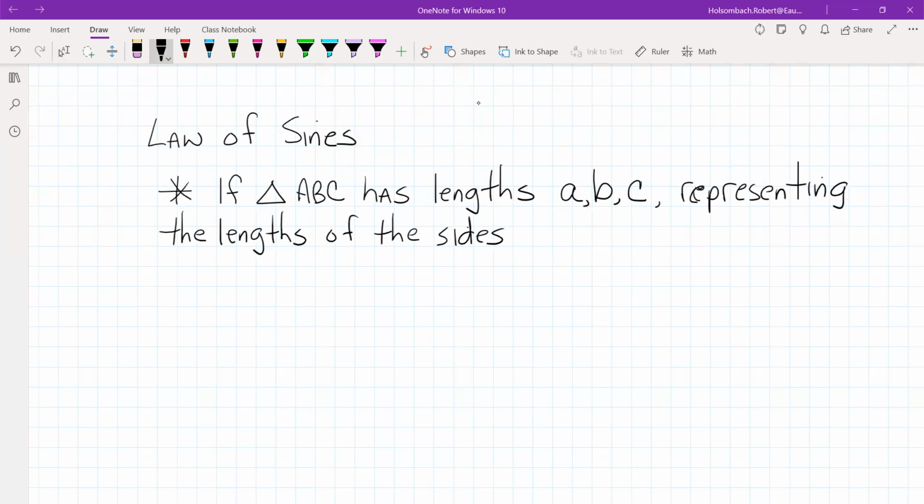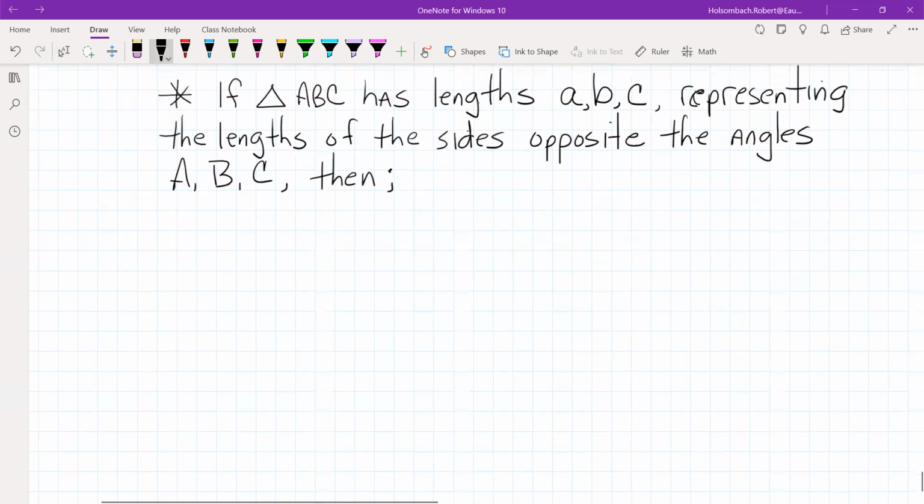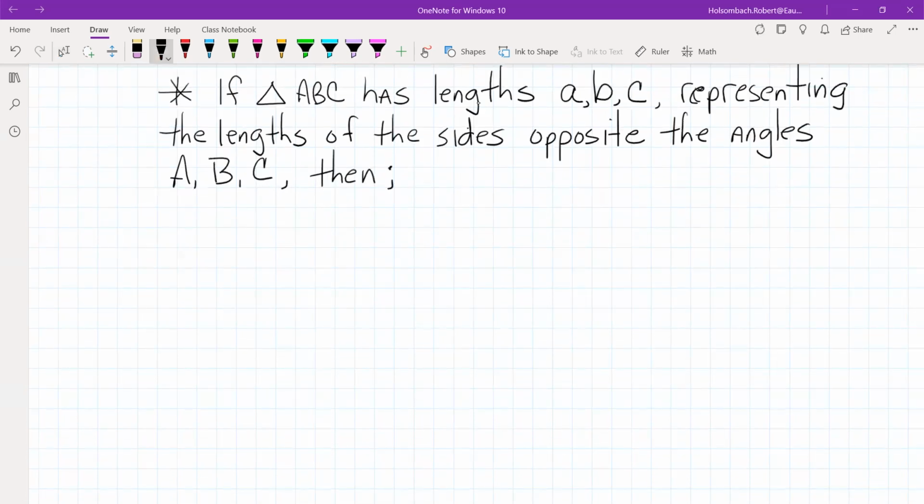opposite the angles, capital A, capital B, capital C. Then here's the rule.